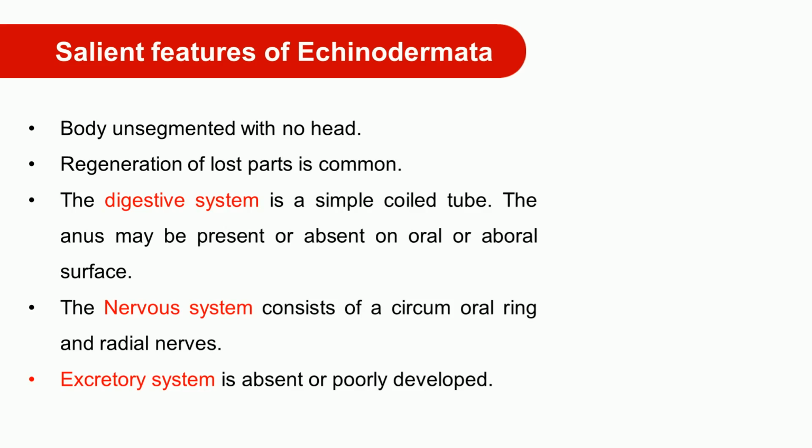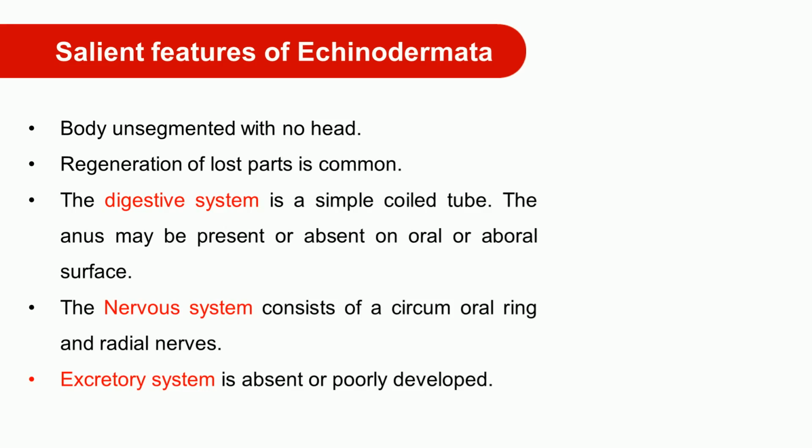The anus may be present or absent at the oral or aboral surface. Then the nervous system consists of the circum-oral rings, and they have radial nerves.